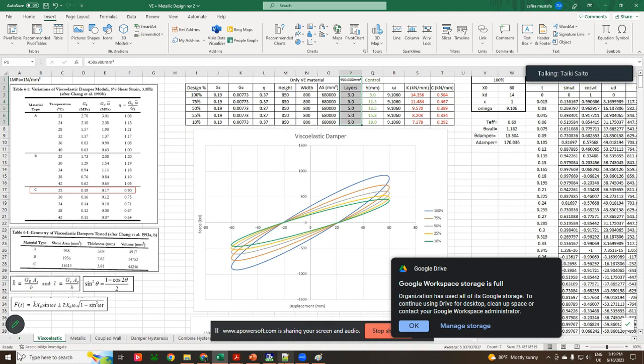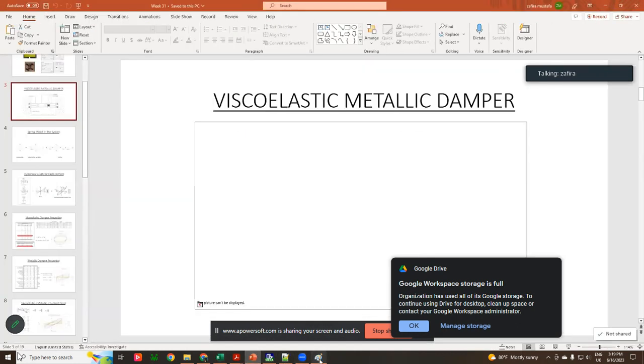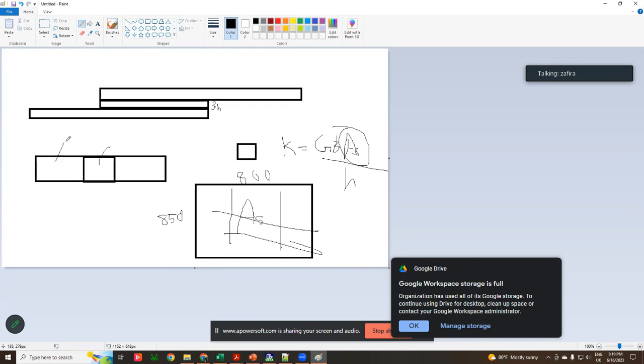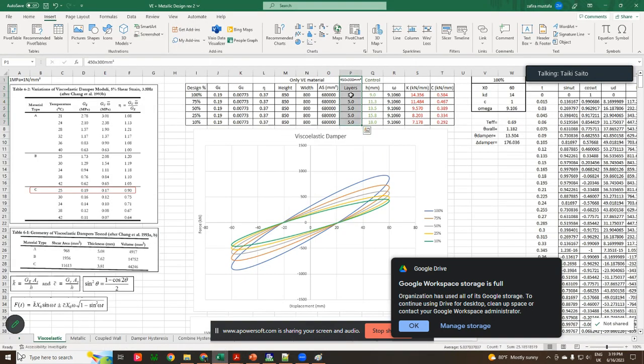This is steel plate. But in your Excel file, where did you use it? Where I use 450 and 300? I divide the total area by this area, so I get how many layers I can put in the viscoelastic.